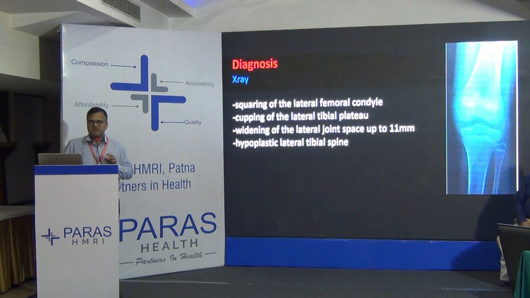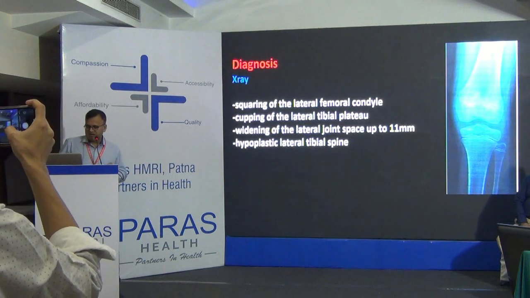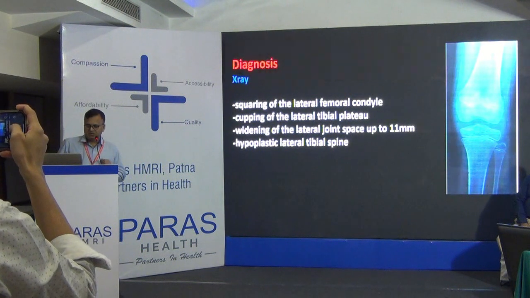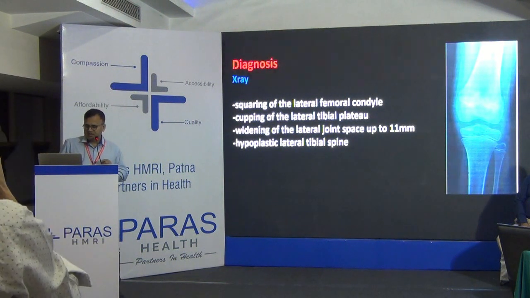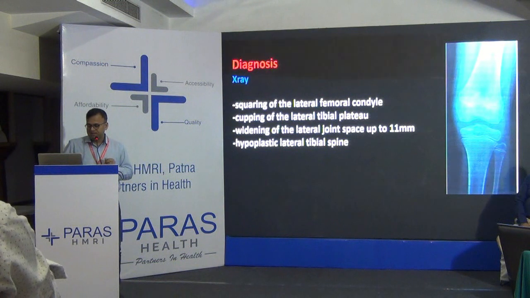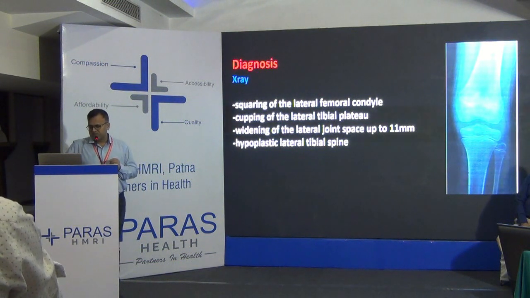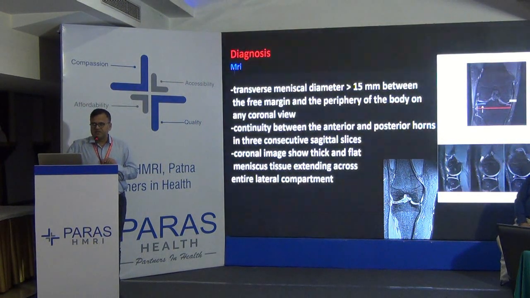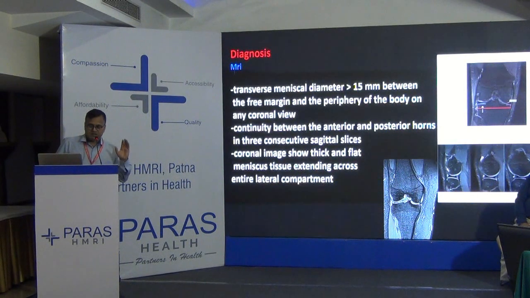On the X-ray, which gives many clues about the discoid meniscus, you can see squaring of the lateral femoral condyle, cupping of the lateral tibial plateau, widening of the lateral joint space up to 11 mm, and of course a hypoplastic lateral tibial spine.